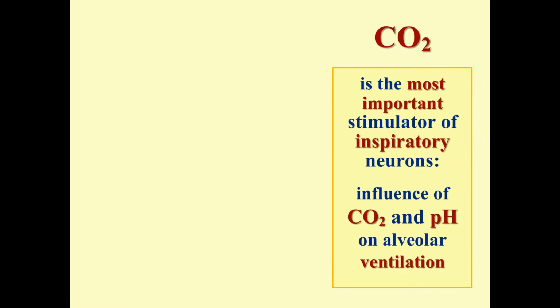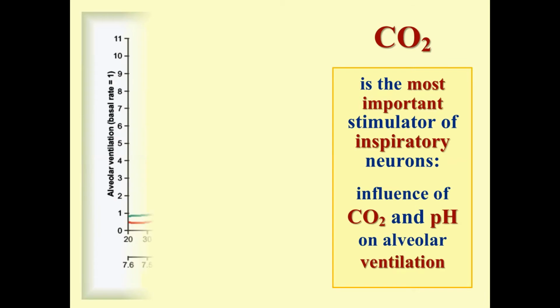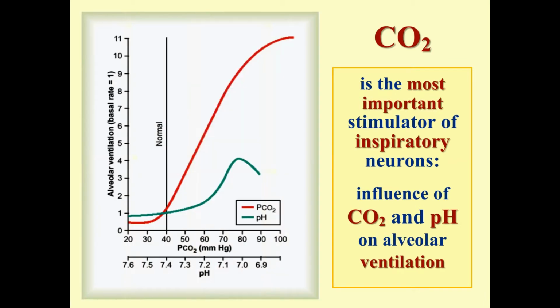Let's observe the influence of CO2 and H+ ions, or pH, on alveolar ventilation. This figure shows how alveolar ventilation changes under changes of these two factors. First, this is the influence of pH or H+ concentration on ventilation, and the upper figure shows how carbon dioxide influences the level of alveolar ventilation.